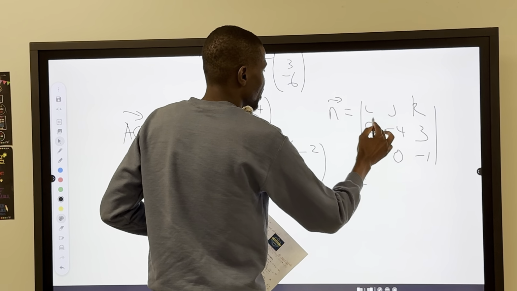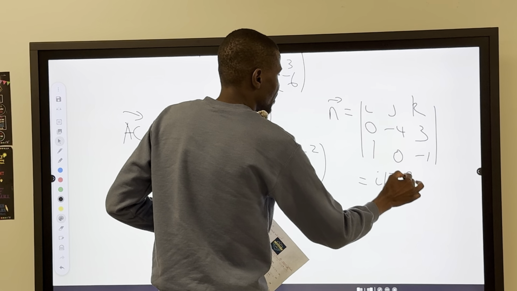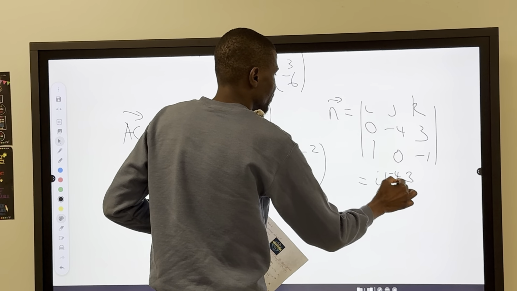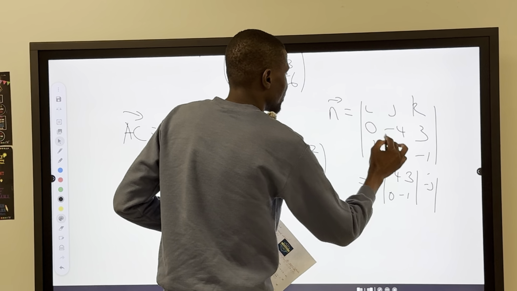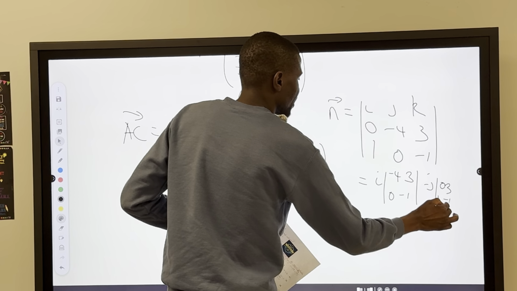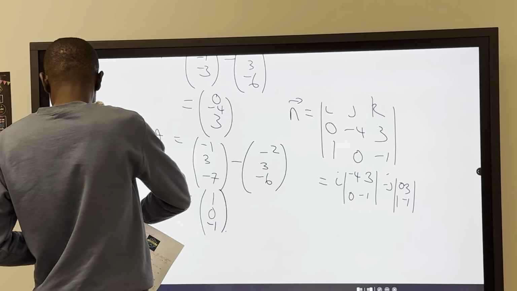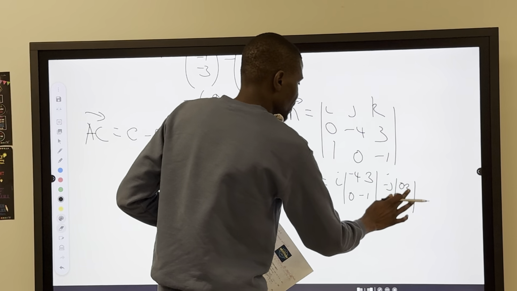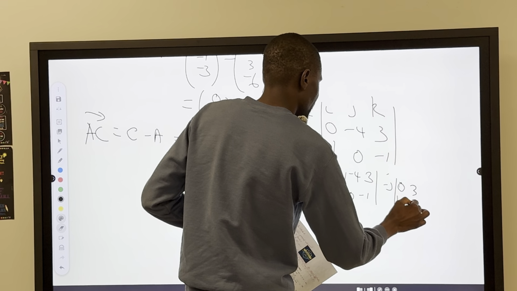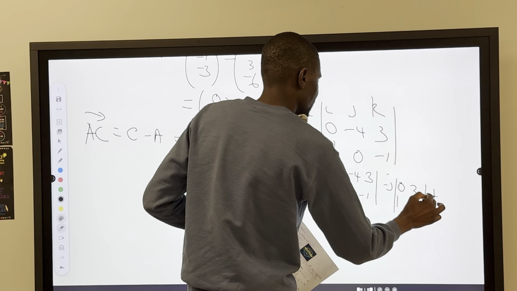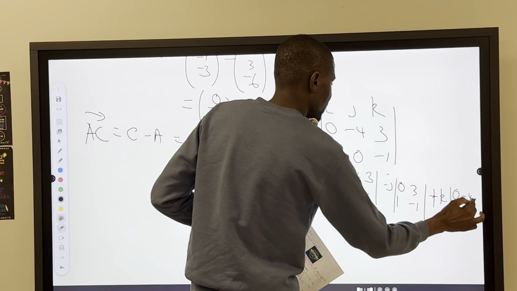Here it's going to be i times the determinant of -4, 3, 0, -1, minus j times the determinant of 0, 1, 3, -1, plus k times the determinant of 0, -4, 1, 0.